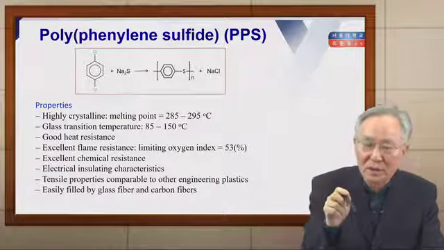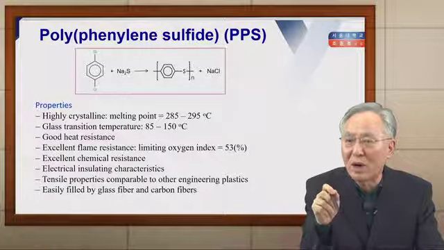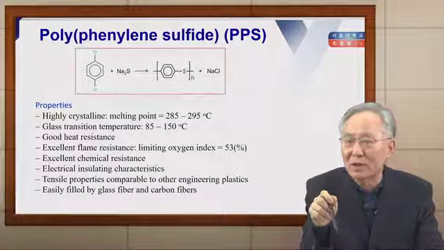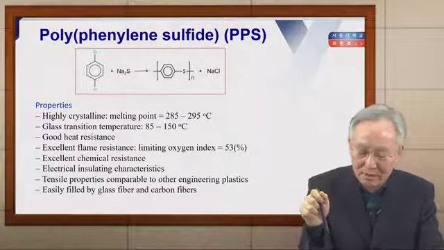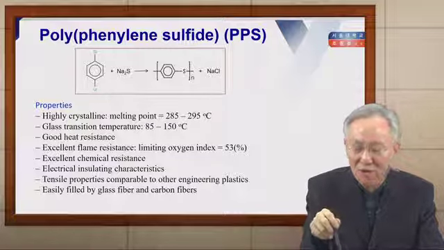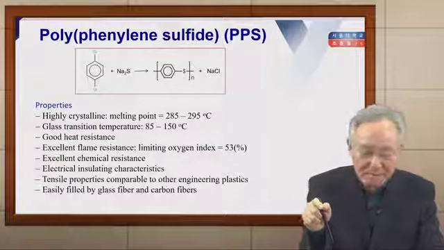In other words, as you know, the oxygen content in normal air is 20%, and therefore PPS does not burn under normal air conditions. In other words, the higher the limiting oxygen index, the better the flame resistance.